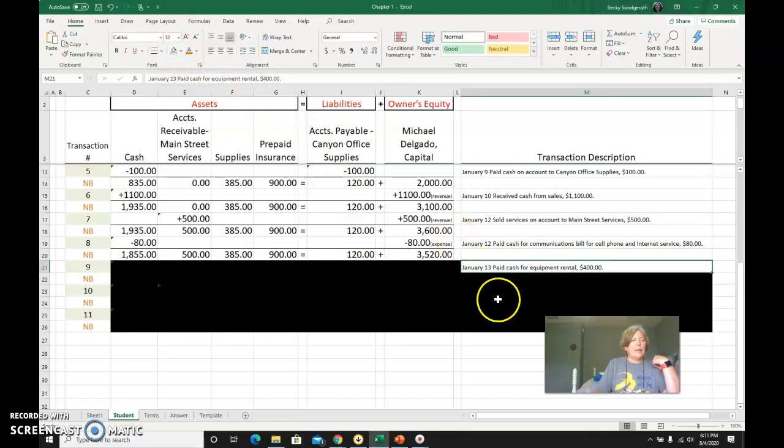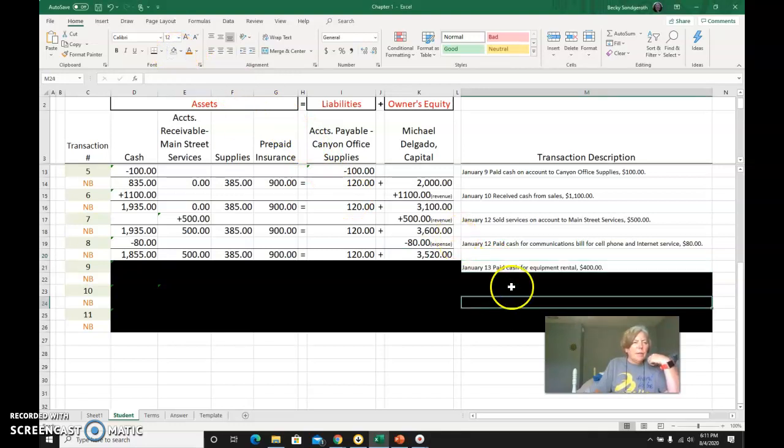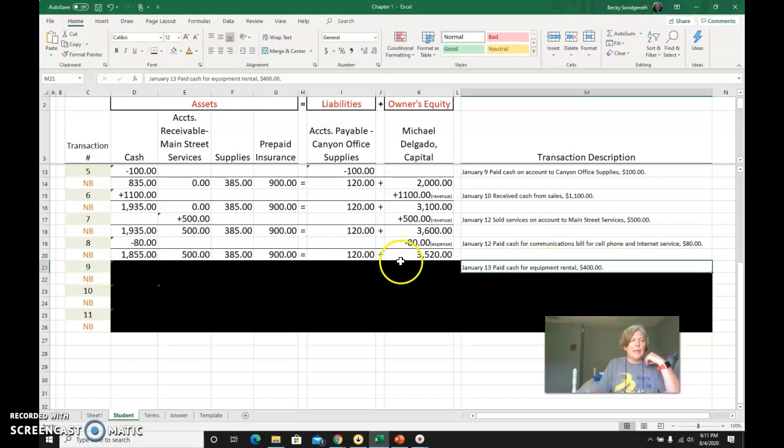Okay, the next transaction, January the 13th, we paid cash for equipment rental. Same old, same old. We see the words paid cash. We know cash, which is an asset, is affected. It is going down because we paid cash. Nothing's happening to accounts receivable. Nothing's happening to supplies.